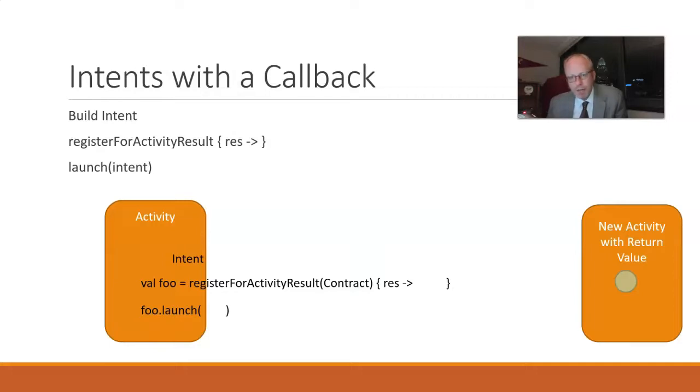And then when the user is finished, say in the case of a logon, the user has logged on, then we're going to hear back. So we get our result, and what happens to the result? Where does it go? It goes right back to that lambda that we defined when we invoked the function registerForActivityResult.